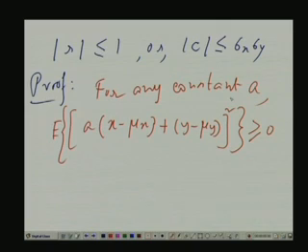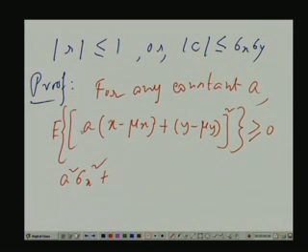If we expand it now, we get A square, the square of this term, with the expected value over this, because A is constant. So we have A square, and the expected value of (x minus mu x) whole square is nothing but sigma x square.